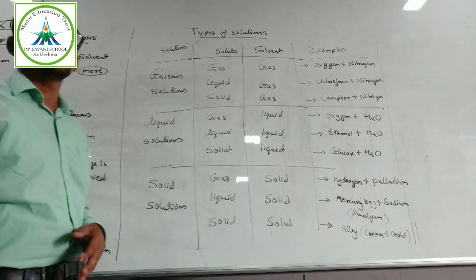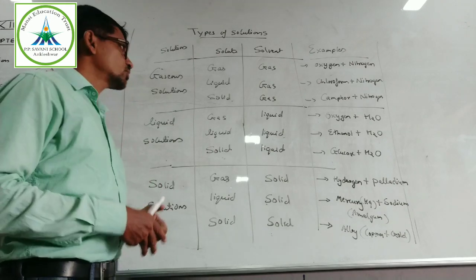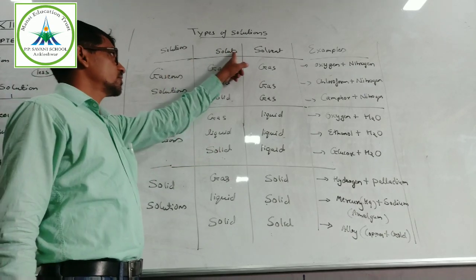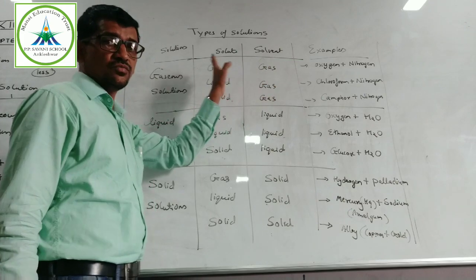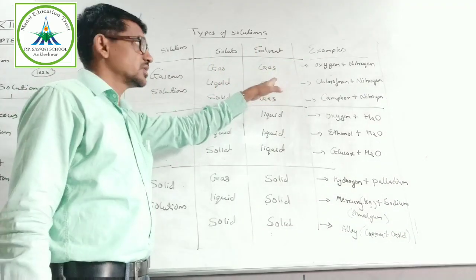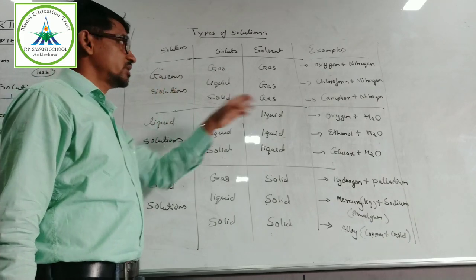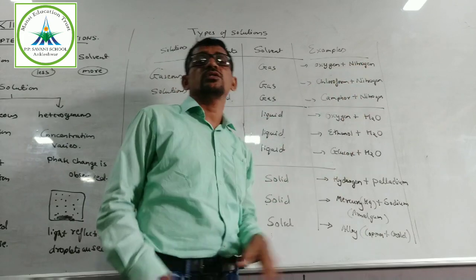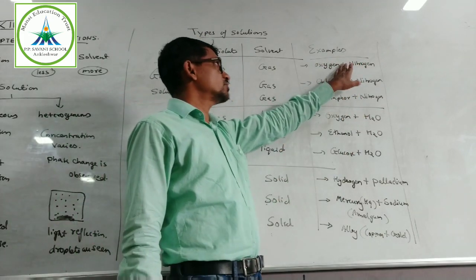So one by one, depending upon phase, we will classify it into different types of solution with examples. First, if solute is gas and solvent is gas, it means we dissolve gas in gas, and that type of solution is a gaseous solution. Example, different gases you mix, oxygen plus nitrogen, nitrogen plus hydrogen, all gases mixed, that is known as a gaseous solution.